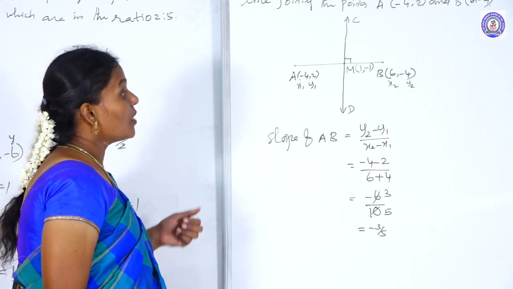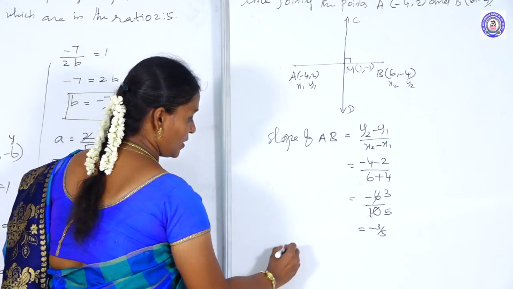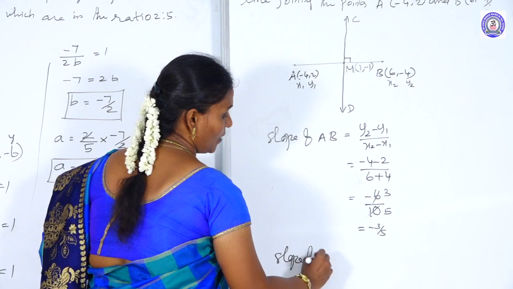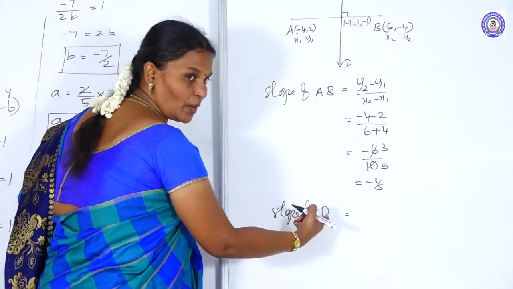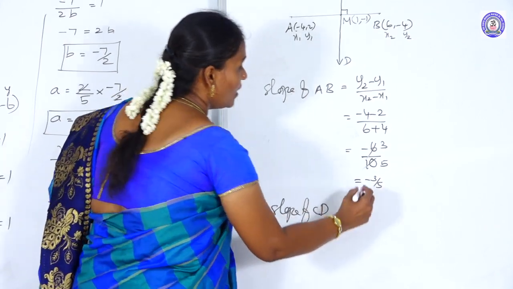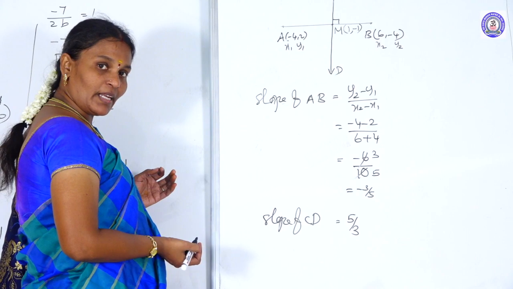So what is the slope of CD? The slope of the perpendicular bisector is 5 by 3. How does it come as 5 by 3?